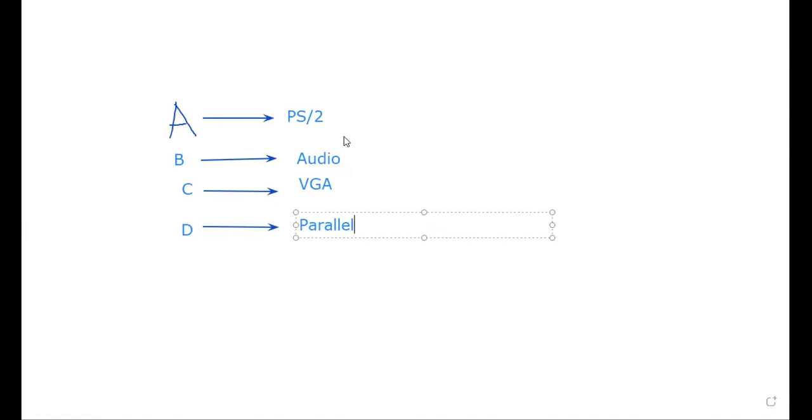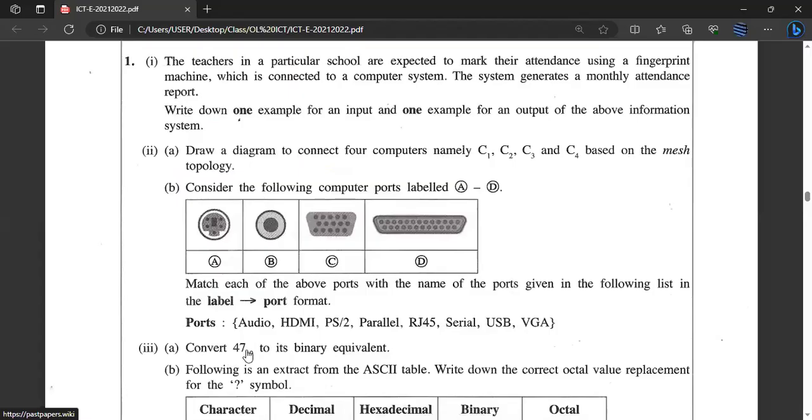Convert 47 base 10 to its binary equivalent. Okay, so we'll see how to do that. So 47 base 10, which is a decimal number, you need to convert it into binary.